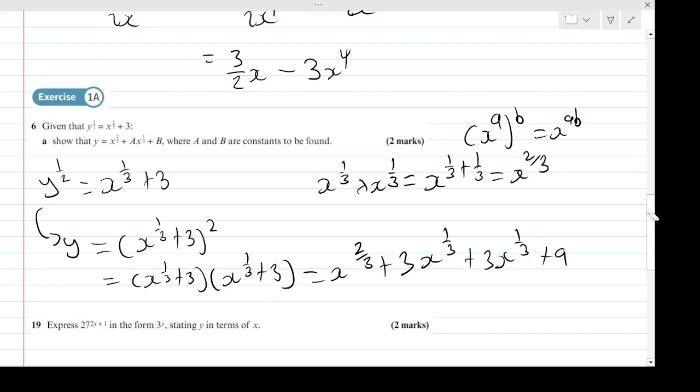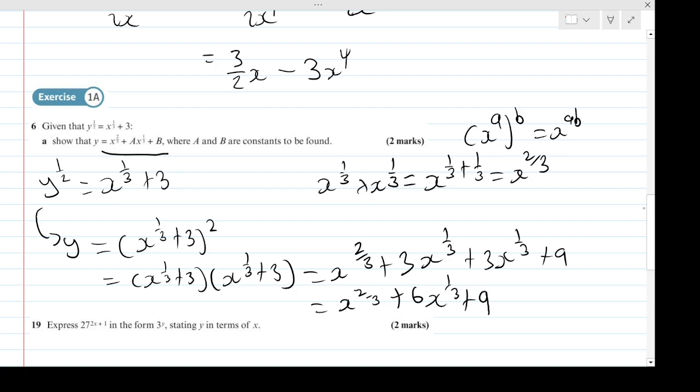And that's our expansion. And then we can simplify this. We can collect like terms, right? We have x to the third in both of these. So 3 lots of x to the third plus another 3 lots of x to the third. That's going to be 6 lots of x to the third. And then plus 9, and that is our answer.